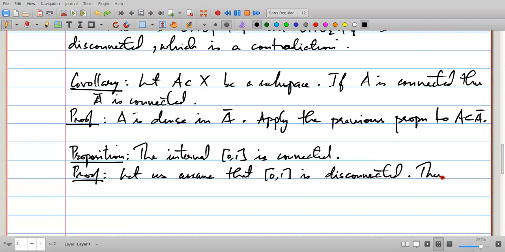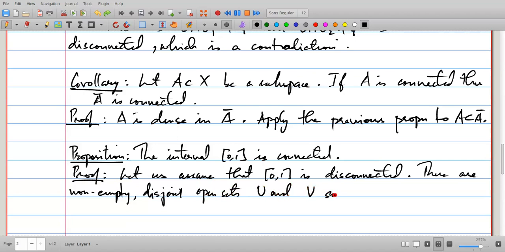Then there are non-empty disjoint open sets U and V such that [0,1] is a disjoint union of U and V.